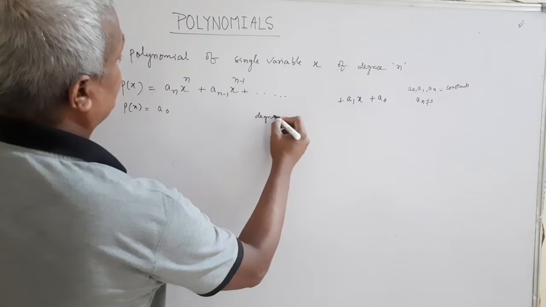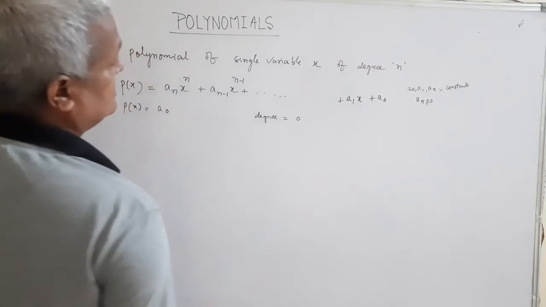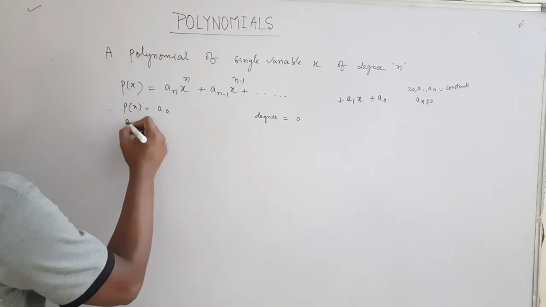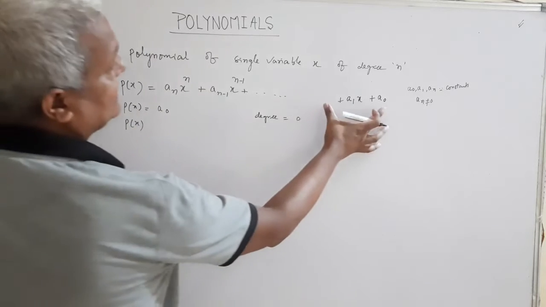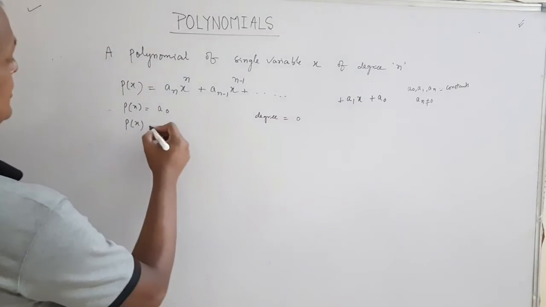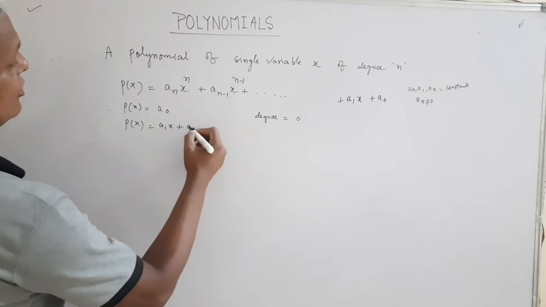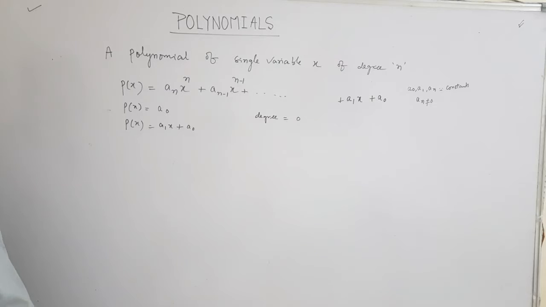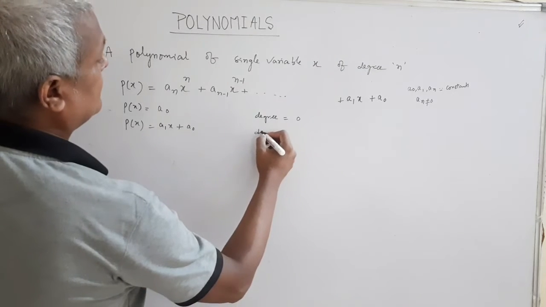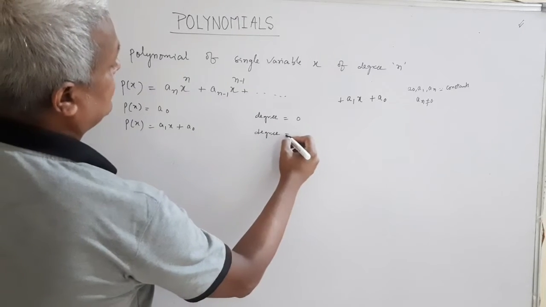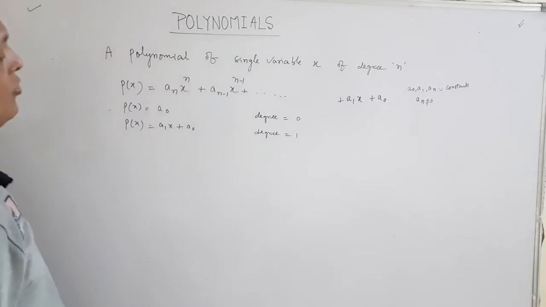If I pick the last two, a1x plus a0, this is a polynomial of degree 1.